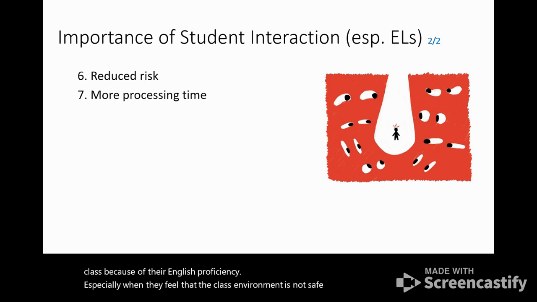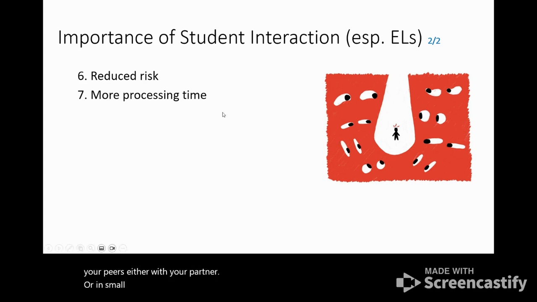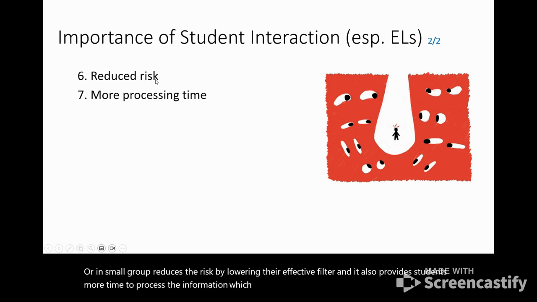So asking students to talk with their peers, either with their partner or in a small group, reduces the risk by lowering their affective filter. And it also provides students more time to process the information, which in turn reduces the negative emotion.